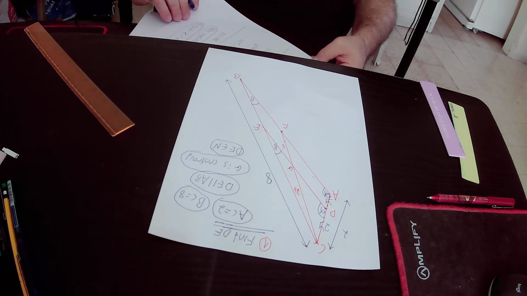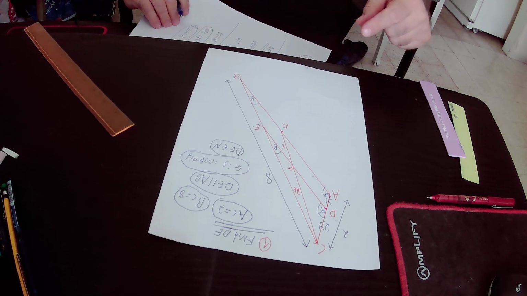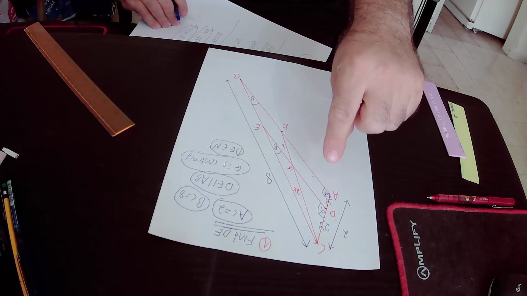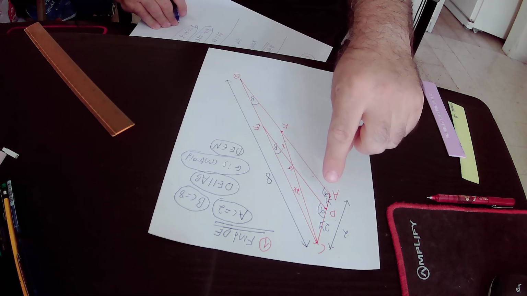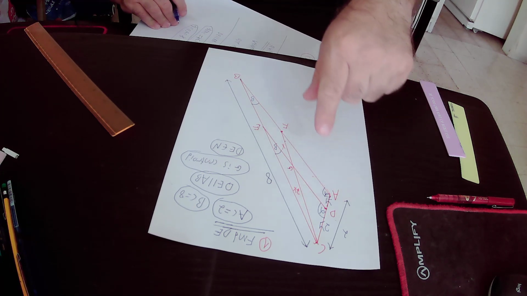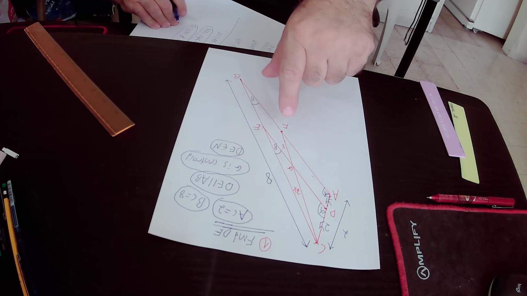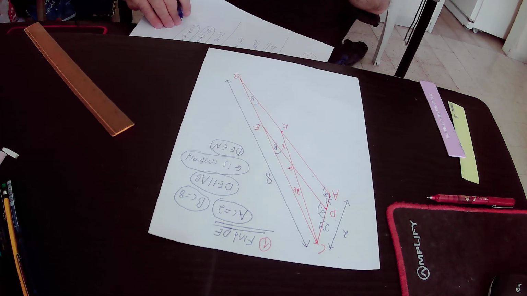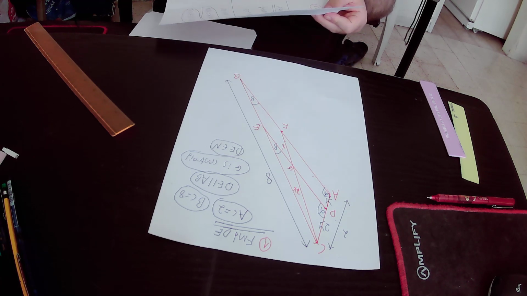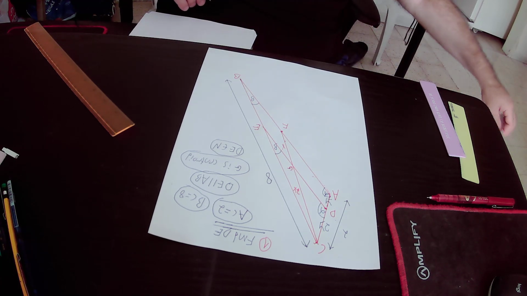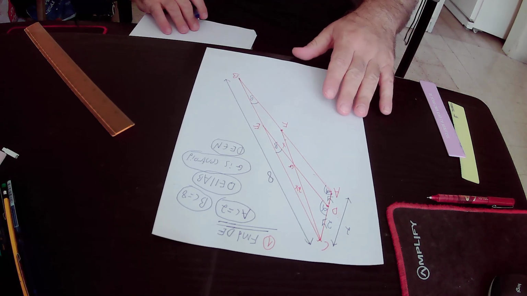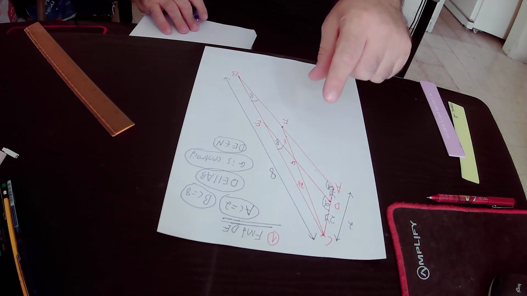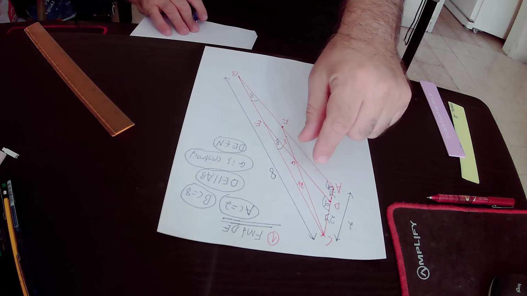Those two angles are equal to each other and they are both equal to alpha, and those two angles are also equal to each other and they are both equal to beta, according to the rule that corresponding angles between parallel lines are equal to each other. So in the next step we will focus on triangle ABC and on triangle CDE.